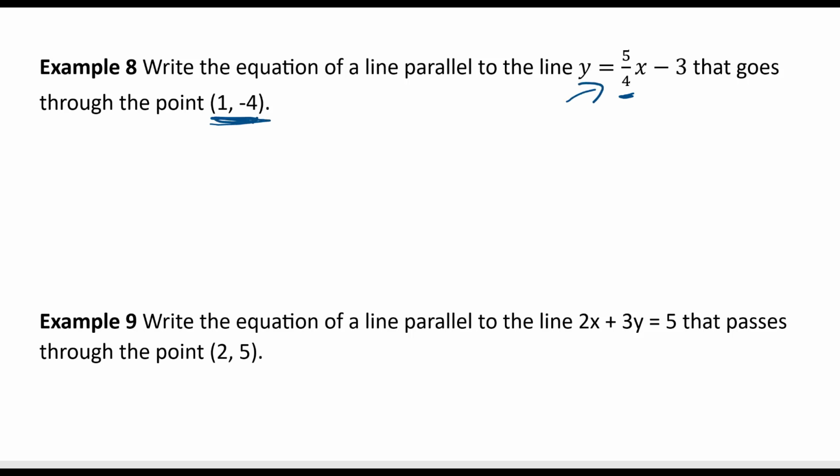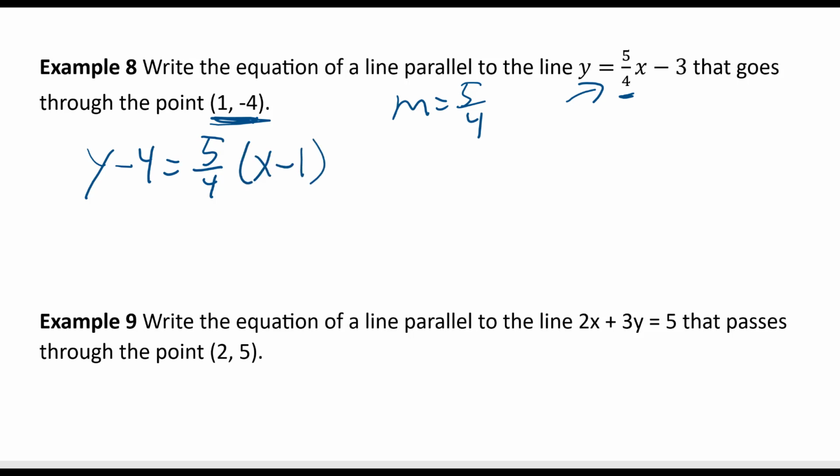The key value here is the slope, so m equals 5/4. We use the point-slope form: y minus -4 equals the slope 5/4 times x minus 1. So y minus 4 equals 5/4 x minus 5/4.